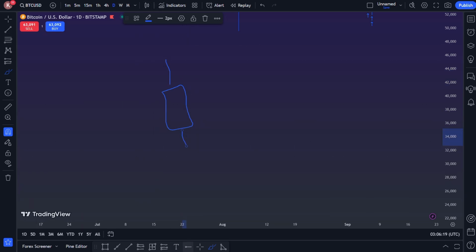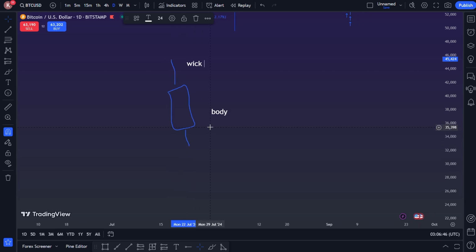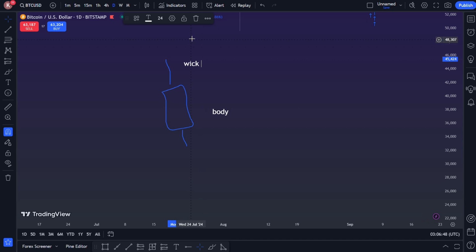So let's label this first. Let's label this body, then wick, then wick. Now, there are two types of wicks. There's the up wick and the down wick. Those are the two wicks there is.